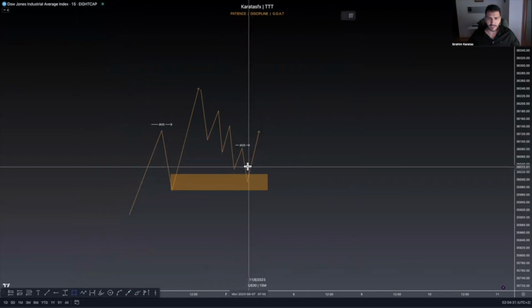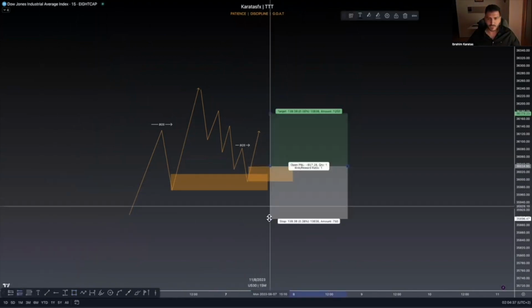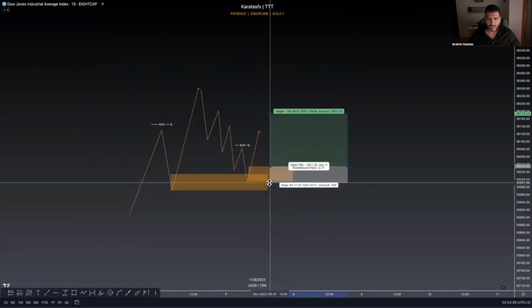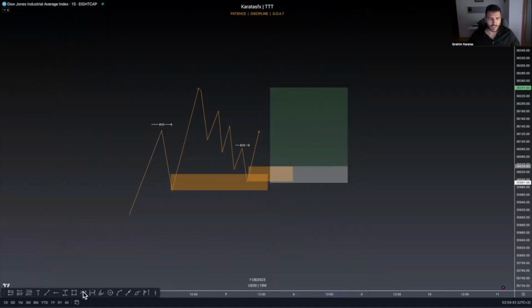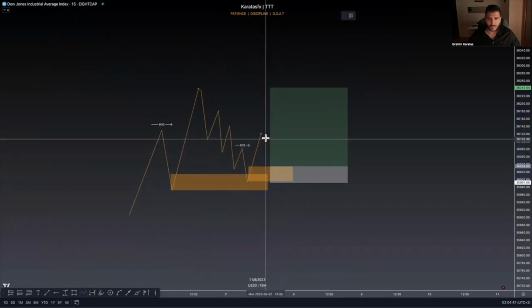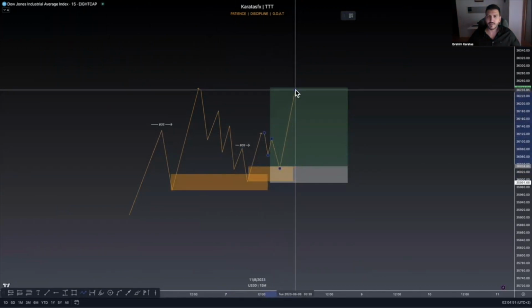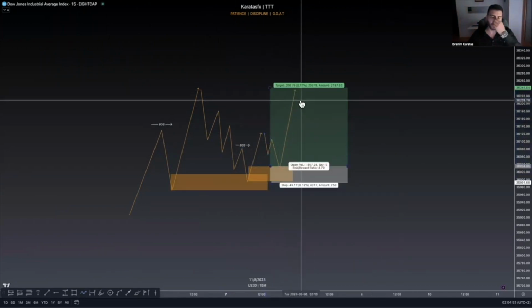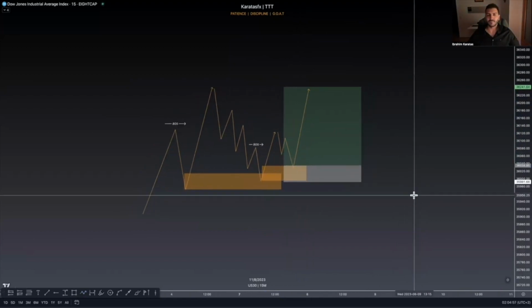So we have automatically here a lower time frame demand level. So we'll execute from here, SL below, set the target. Once the market comes back, you're in the trade. Either way, it moves in your direction or hits you out in stop loss.